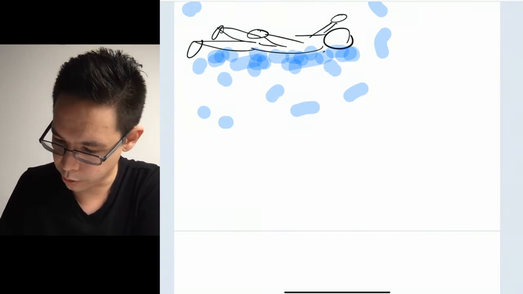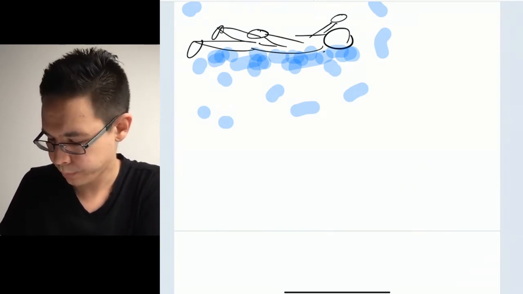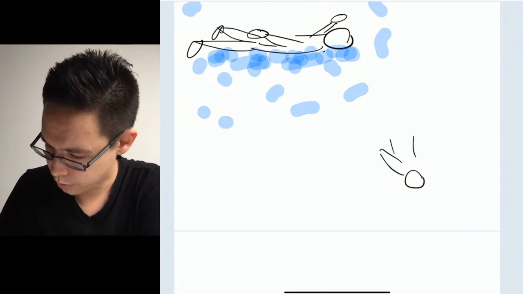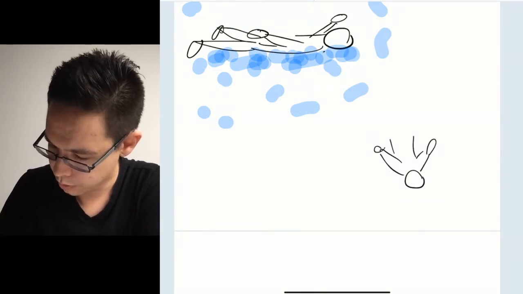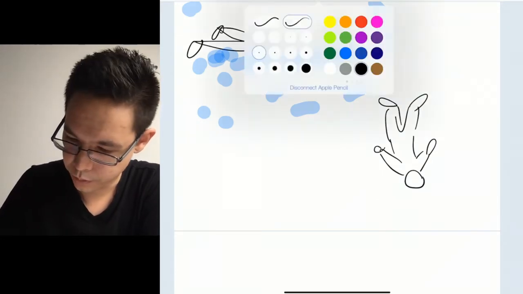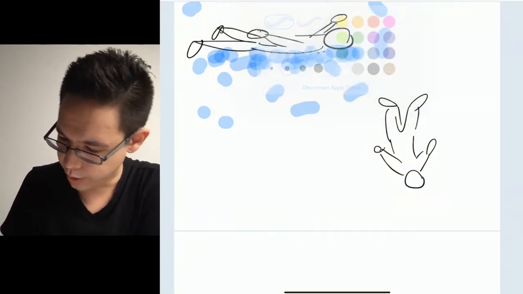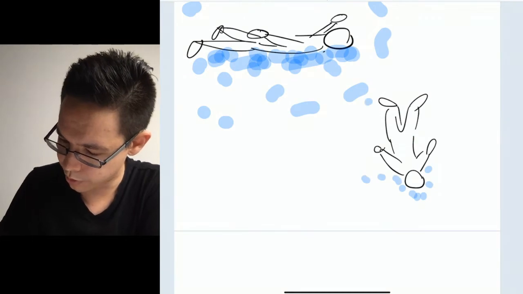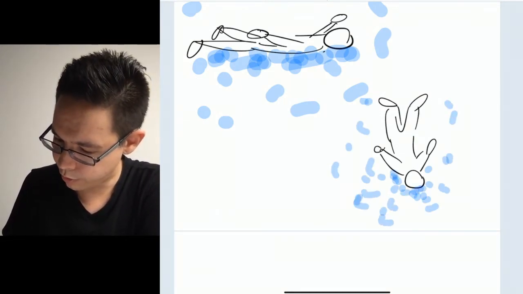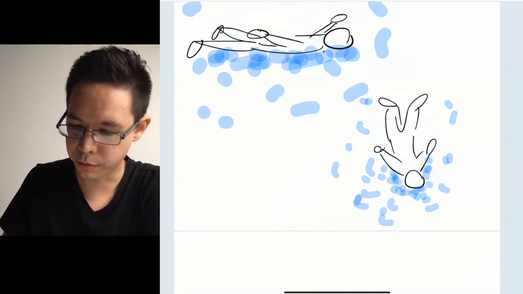If you rotate your body, so now you are, I don't know, let's go feet first. Okay, now if you're going head first, you will have a lot less surface.